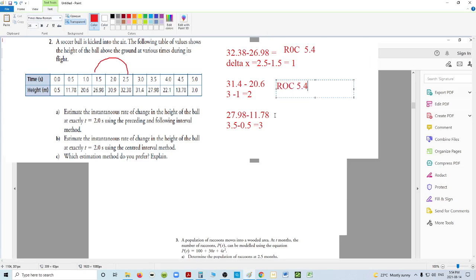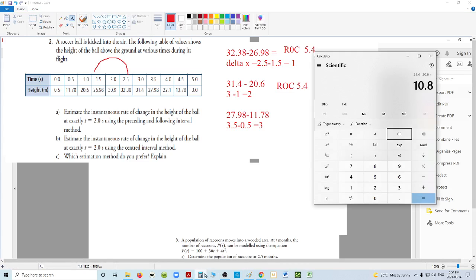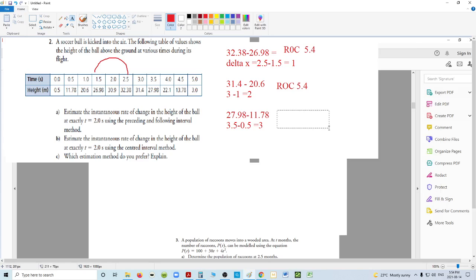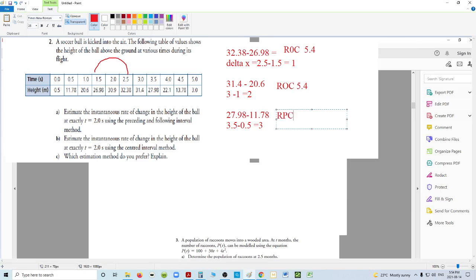And our next one is going to be 27.98 minus 11.78 divided by 3, which is 5.4. So this is a great example.